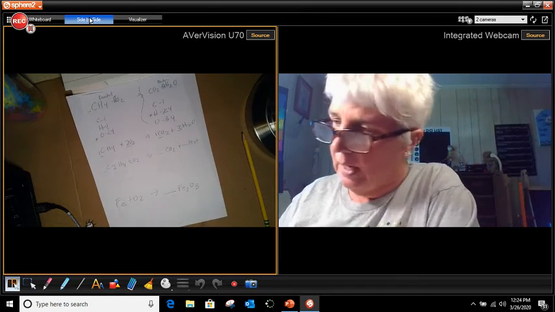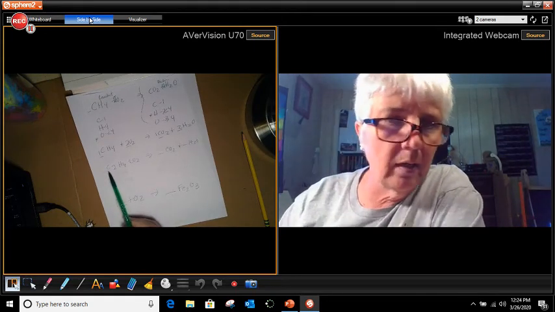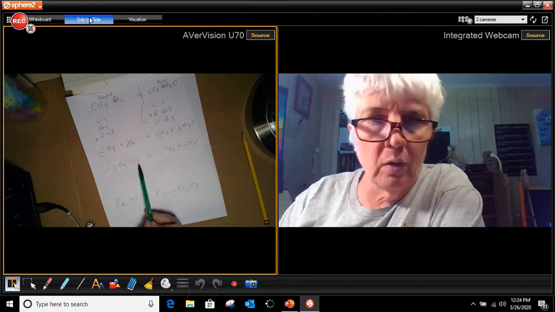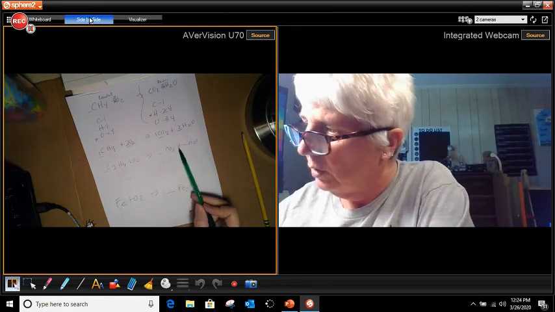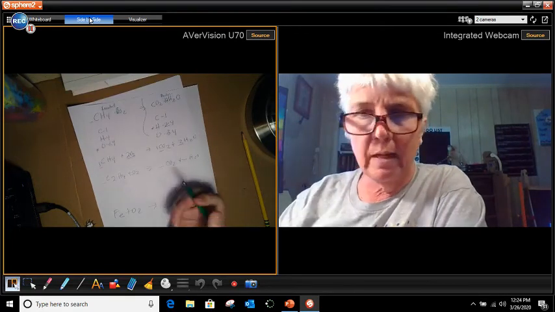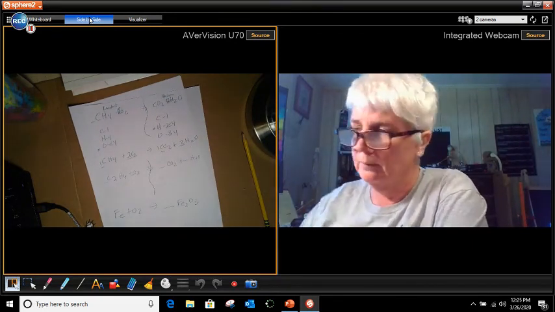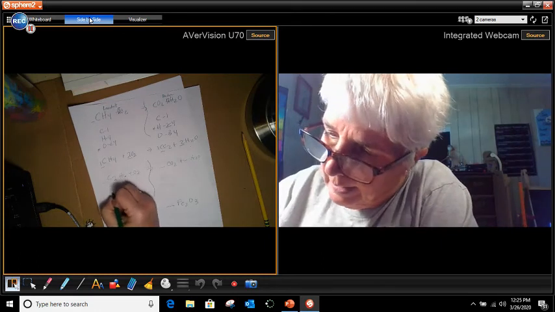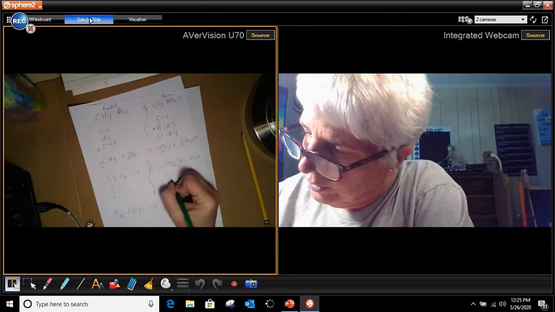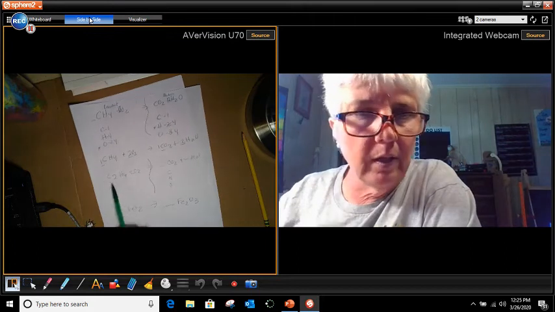So the first one that we have is this one right here: C2H6 plus O2 yields CO2 plus H2O. The first thing I'm going to do is my little line down the middle. I'm going to say carbon, hydrogen, and oxygen, carbon, hydrogen, and oxygen. And I'm going to look and see what I have.